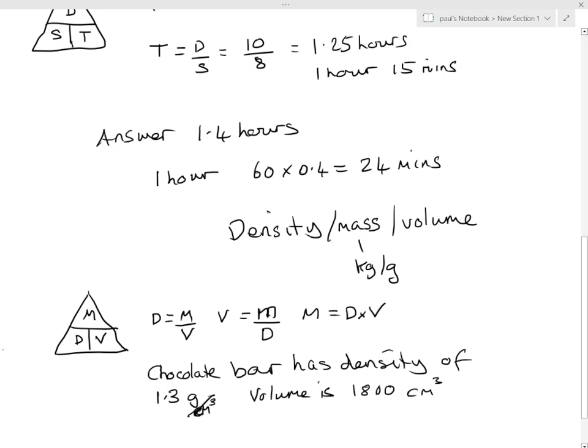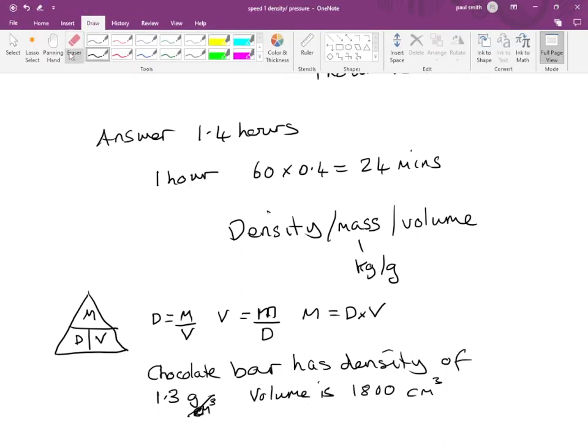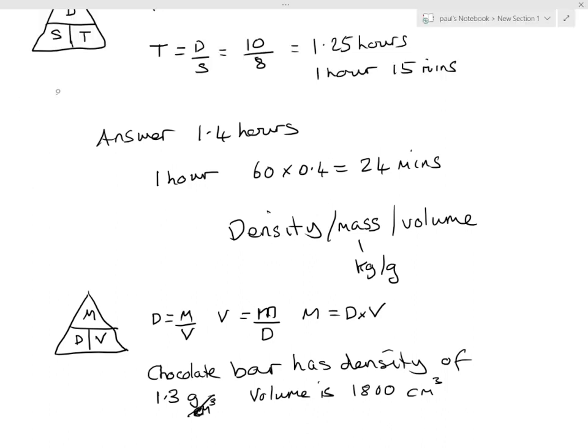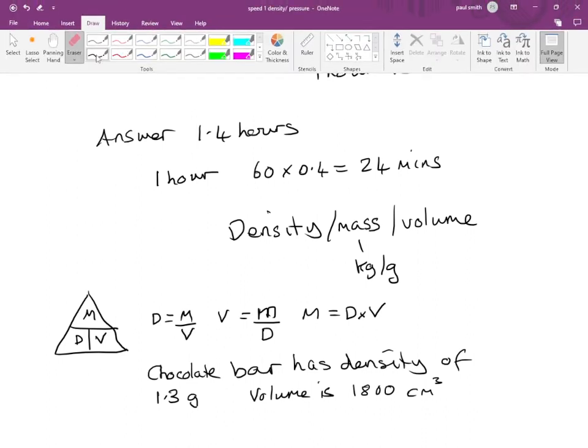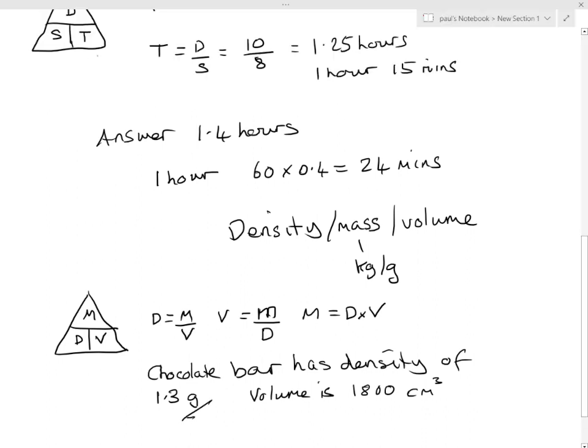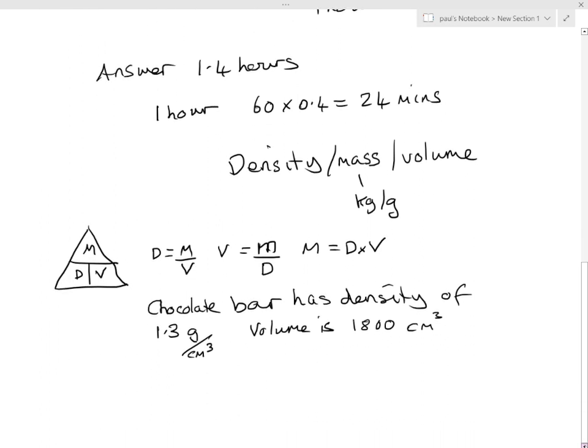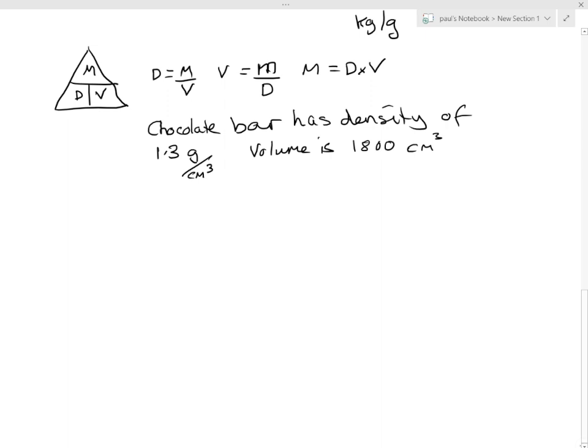Don't want to be messing with different kinds of units. Right, so how do we do this? We need to know the question, which is we've got the density, we've got the volume, so we need to find the mass.